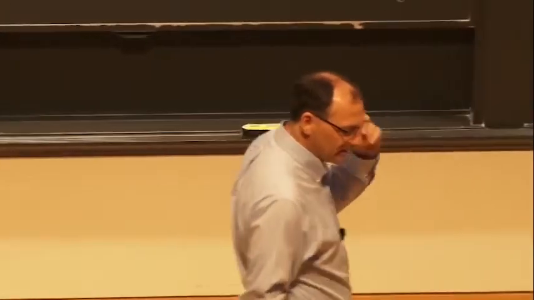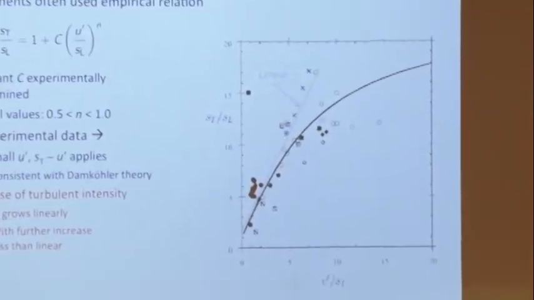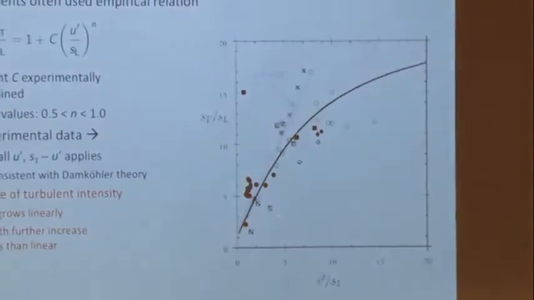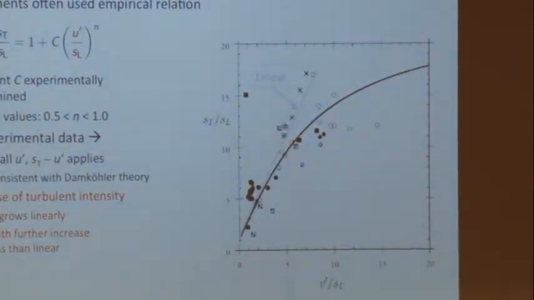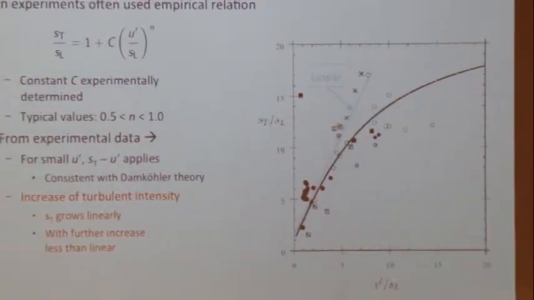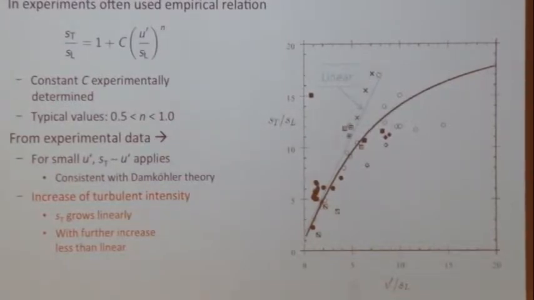So we shouldn't see... I mean, this is a trick here. In a plot like this, you see the points are all over the place. If I want to see that this linear line is right, I can see it. If I want to see that this curved line is right, I can also see that. The other thing is this, and we'll see that in a minute. This plots ST over SL as a function of u prime over SL. We will see in a minute that in this regime, where the Karlovitz number is larger than 1, it's not only the velocity that's important, it's also the length scale.